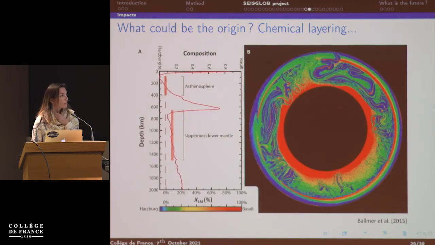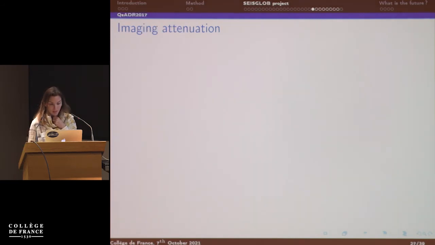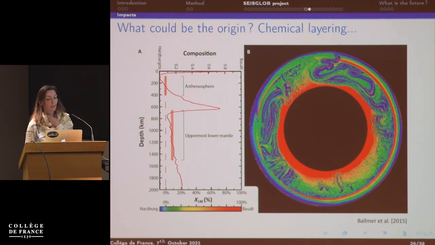I was actually surprised when you look at this geodynamic modeling, to see how you can enrich the lower mantle with heterogeneities through the subducting slabs. So maybe you have this global chemical layering enriched in basalt because of the subduction and the convection.